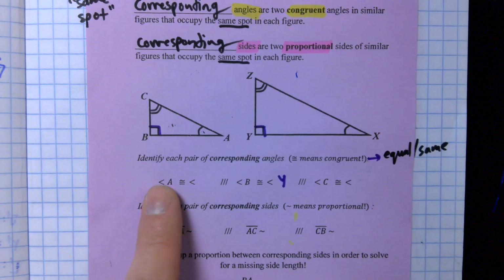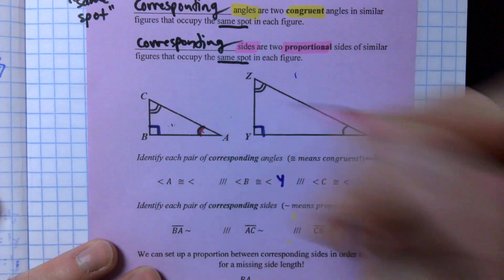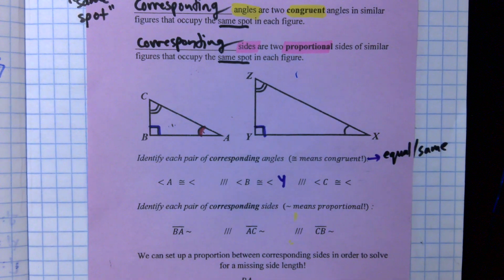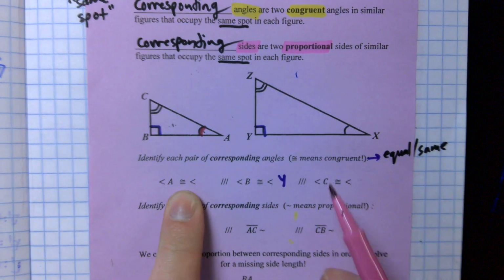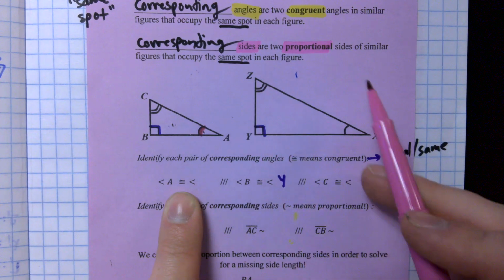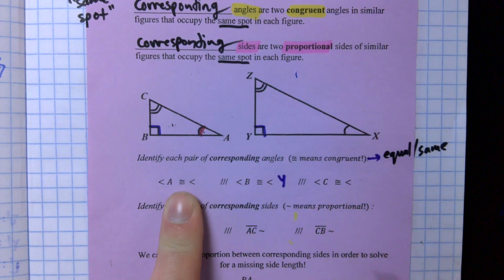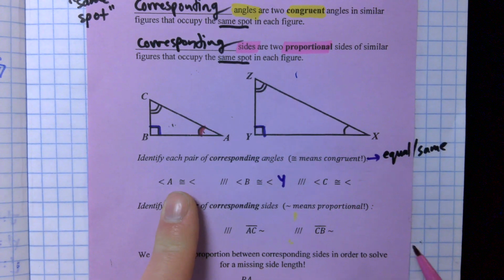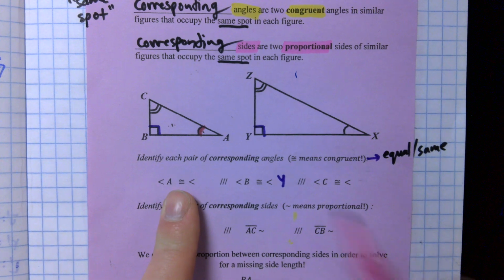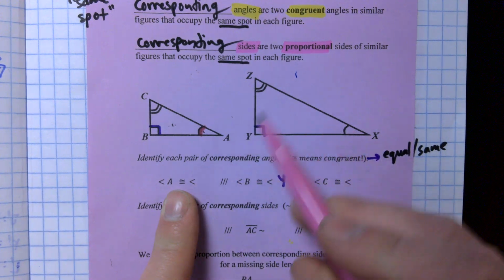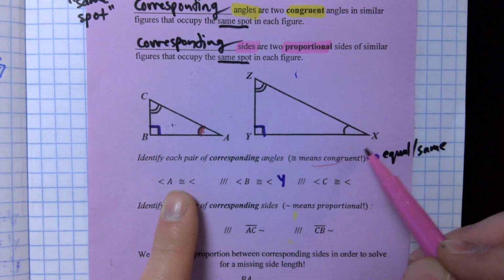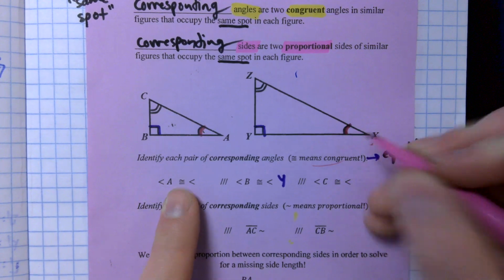Right? Angle A is down here, this little right side point of the triangle. What would the corresponding angle be in my big one compared to angle A? Who's in the same spot as angle A in this big triangle? Angle X. You're in the same spot.